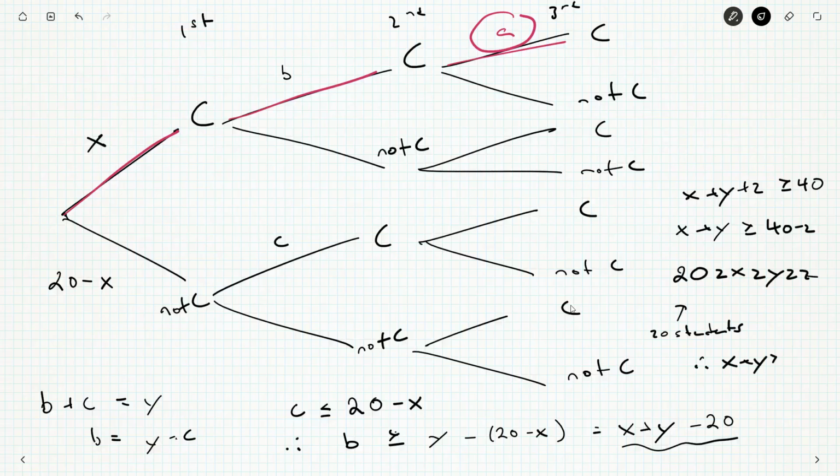So X plus Y is in fact greater than or equal to 40 minus 20, which is 20. Okay. That's allowed. No negative numbers, don't have to worry about that. Although that wouldn't really be a problem, that would just mean B can be at least 0.